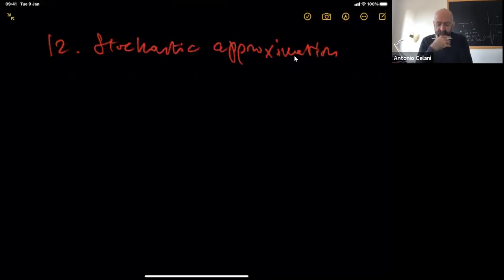Okay, so in order to do that, we will consider a problem which is even wider than this, and which is the problem of stochastic approximation. So this will be broader than the problem we have at hand, because we will be able to consider nonlinear equations to be solved by this method, whereas the recursion relation is linear in the value function. So in a sense, it's broader.